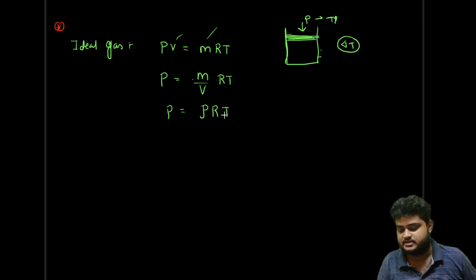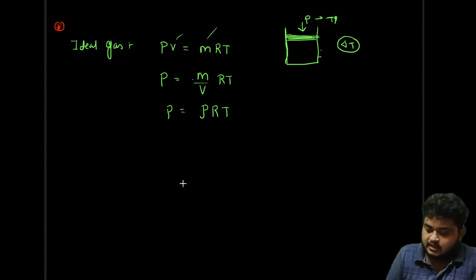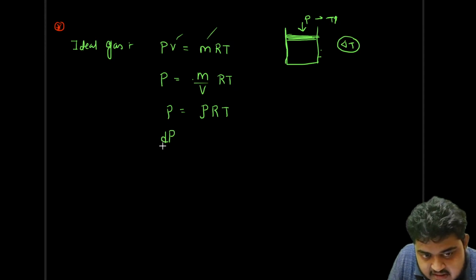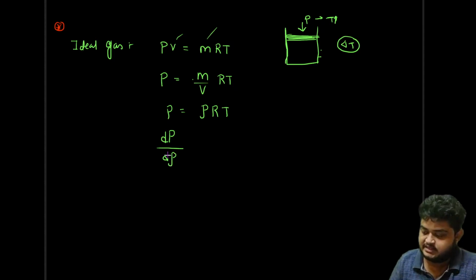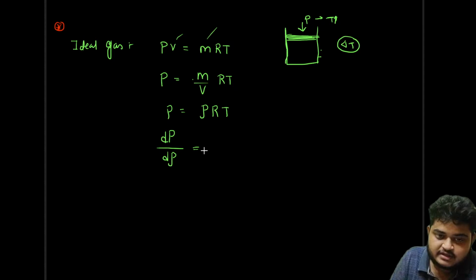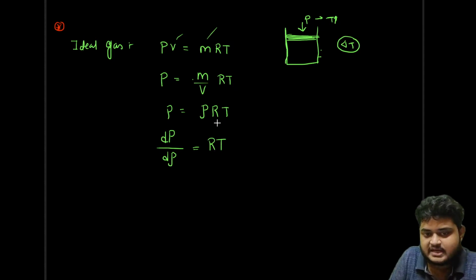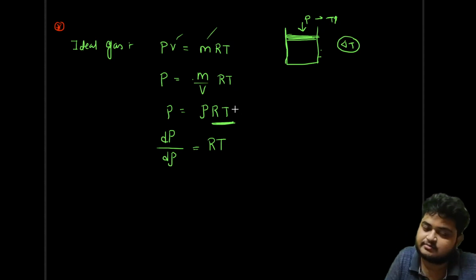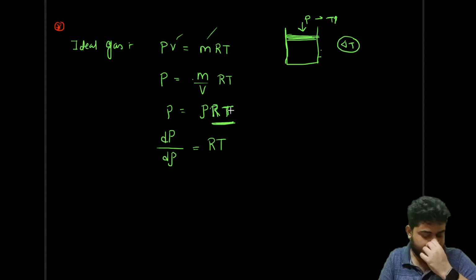We can derive this, right? Now let us calculate dP by d rho. Obviously it will be RT, as those are constant in this situation. In the isothermal case, the temperature is constant and R is already a constant.